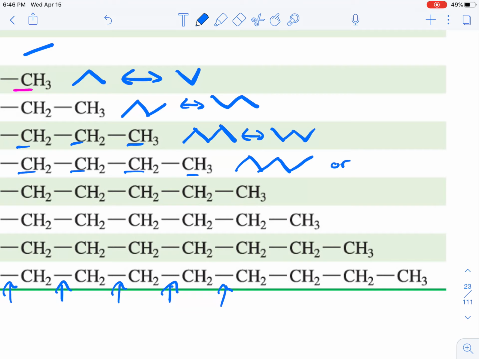Don't be afraid to double check your work by putting dots on the corners, the vertices where two lines meet, or at the end of the structure.